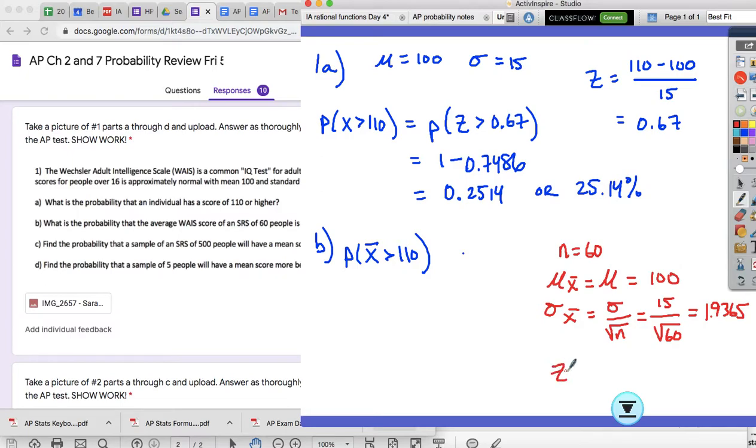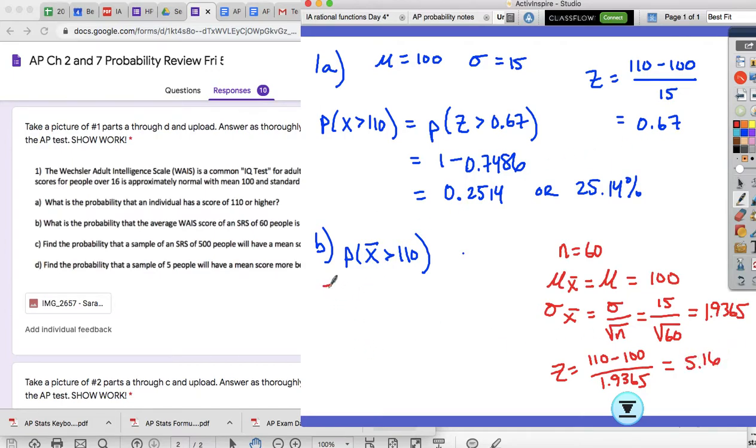Now we're going to calculate our z-score. So again, I have 110 minus the mean of 100. But now this problem is different because my standard deviation is now 1.9365. Okay, and then my z-score I will round to 2 decimal places, and I'm going to get 5.16.